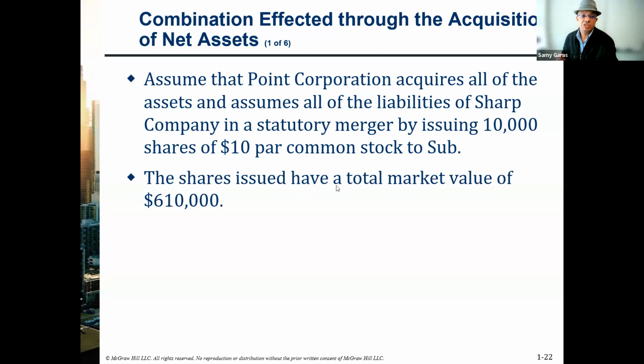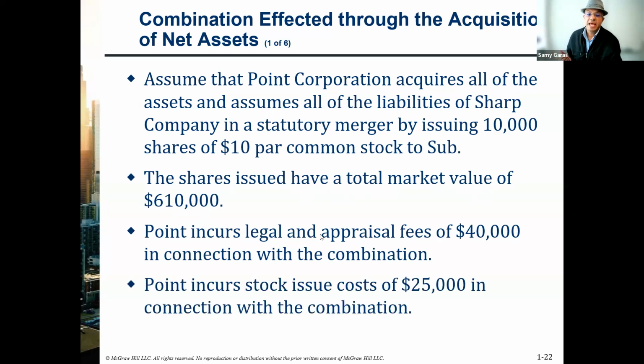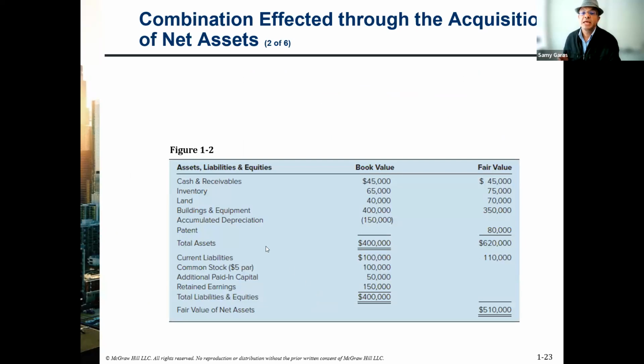The shares issued have a total market value of 610, and they paid expenses of 40,000, and this will go under expenses, not capitalized. And they paid $25 for the stock issuance, and this will go to additional paid-in capital. And here are the assets and the liabilities of the subsidiary company.